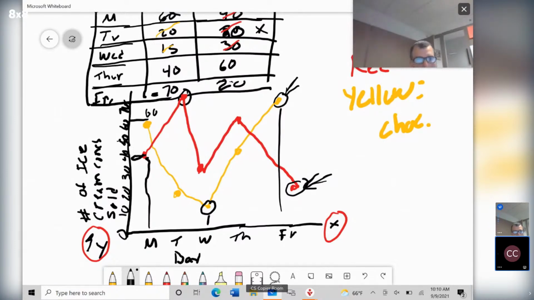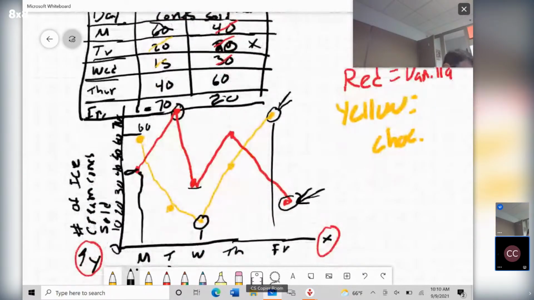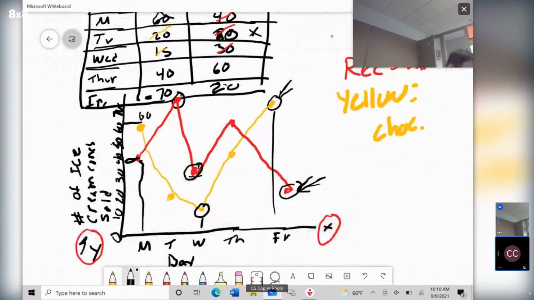Okay. And then if I asked you on Wednesday, we go up here and say Wednesday, there were 30 chocolate. Am I doing that right? Oh, excuse me. 30 vanilla, red is vanilla. And the yellow is chocolate. There's only 15 chocolate. So on Wednesday, there were 15 more vanilla cones sold than chocolate.